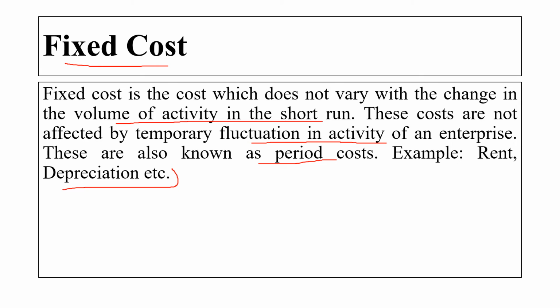When we are talking about a fixed cost, the word itself says it is fixed. It will not fluctuate. It will not change with small changes or with temporary fluctuation in the activity of the enterprise or the business. Okay, it is fixed in nature.